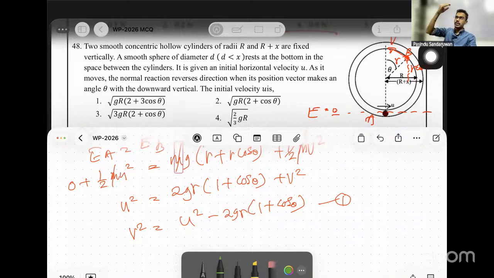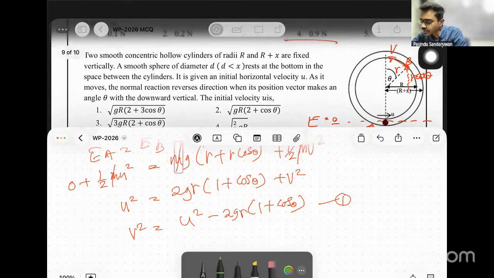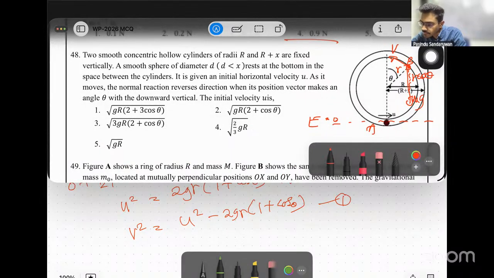Then reaction from the outer surface becomes 0. At this point reaction becomes 0. Other forces acting on the system are here mg, and this reaction acts, but the reaction is going to be 0.